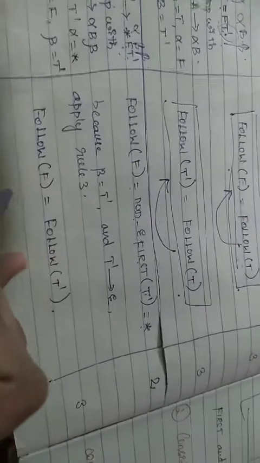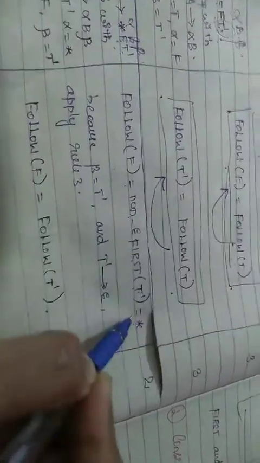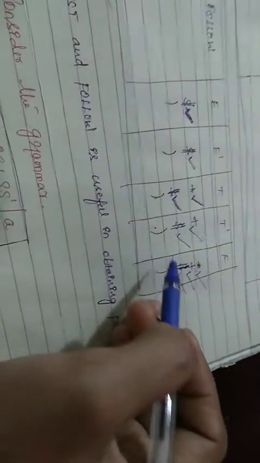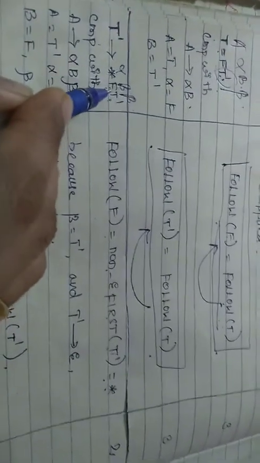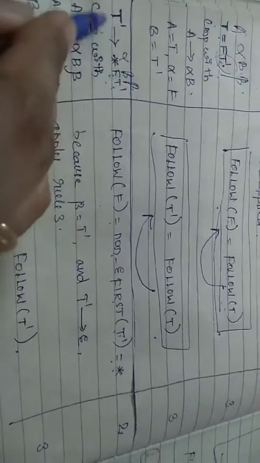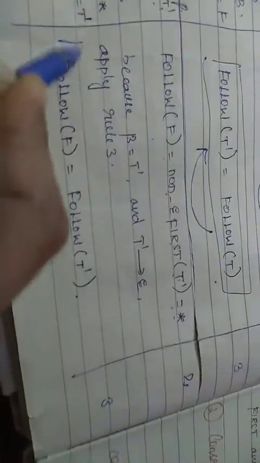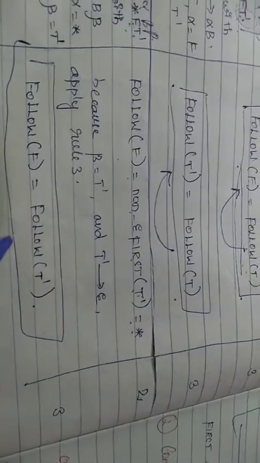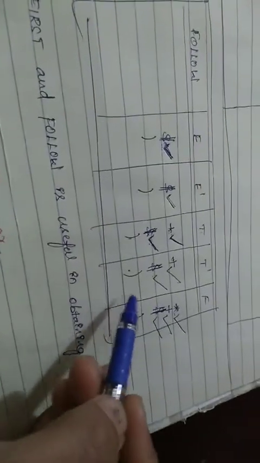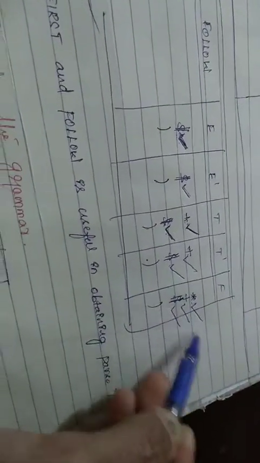So follow of F equals star, which is already there. And since beta is T dash, it has an epsilon definition. Follow of B equals follow of A. Means follow of F equals follow of T dash. Whatever is there in T dash has to go to F. Whatever is there in T dash right now is already there in F.